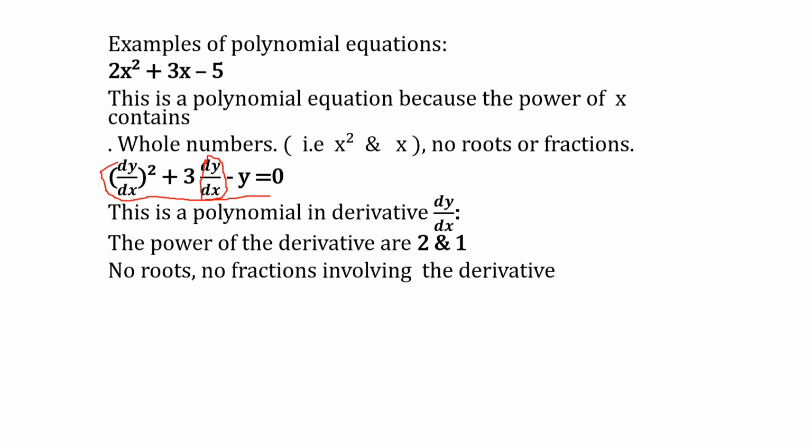So it's not a fraction we are talking about, because we are considering it in the aspect of dy/dx. The fraction we are talking about is like if there is, let's say, 1 over dy/dx, or maybe dy/dx over 5, or dy/dx over 3, or something like that. That is the fraction we're talking about, and it does not have square roots.